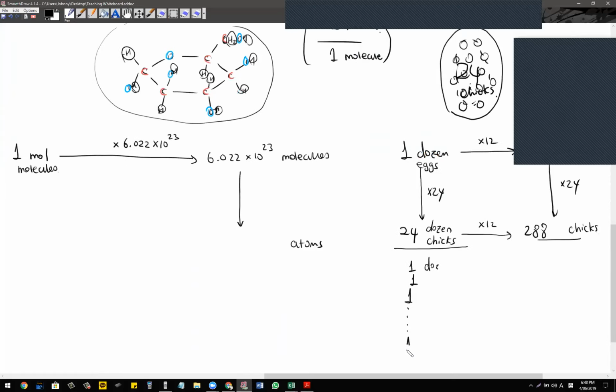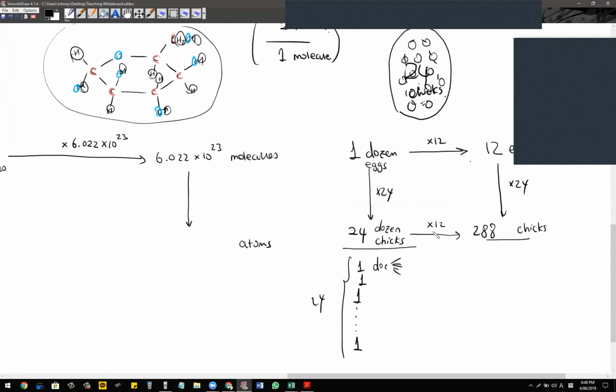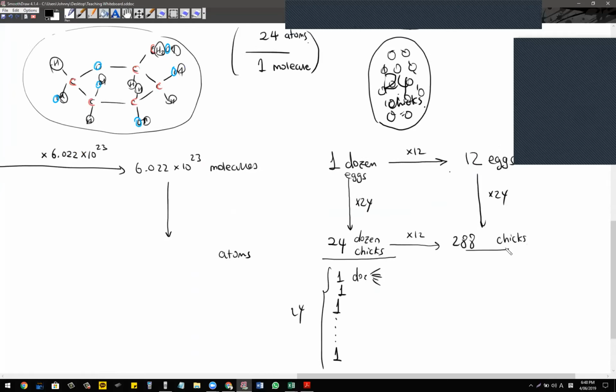So lots and lots of them. That's 24 of them. Actually, that's 24 dozen chicks, and inside each dozen there are 12 chicks. So it's a little bit confusing there, right? But the idea is get to number of chicks there, okay?